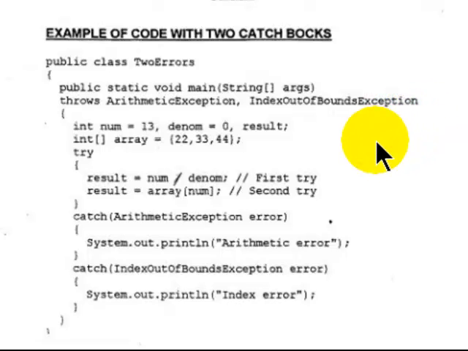But the thing that's different about this is that it has a try block and then it has two catch blocks afterwards. You see that the first one catches an arithmetic exception and prints out whatever string it wants to, and then the second one catches an index out of bounds exception error. Here's the way that that works. If you have a problem in the try block, if it is an arithmetic exception, it would go to here, or if it is an index out of bounds exception, it would go here.